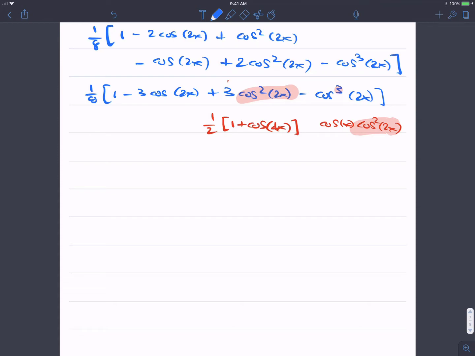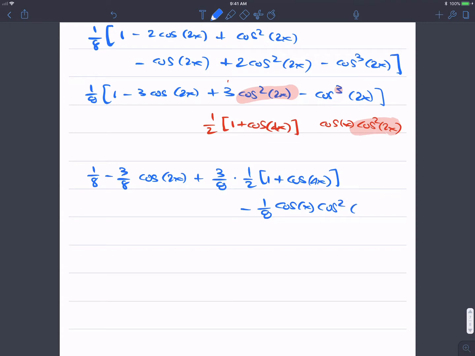And in fact, when I distribute, looks like I'll have really 1/8 minus 3/8 cosine 2x plus 3/8 times that 1/2 1 plus cosine 4x. And then I have a minus here. I'm going to put it maybe down here. I have a minus 1/8 times that cosine x, cosine squared 2x. So let's double check to see whether 1/8 got multiplied to everything.